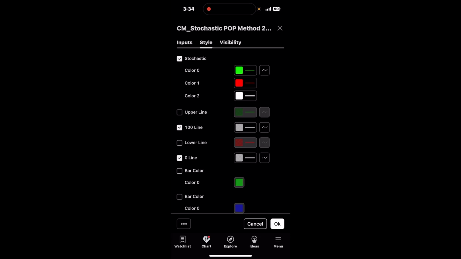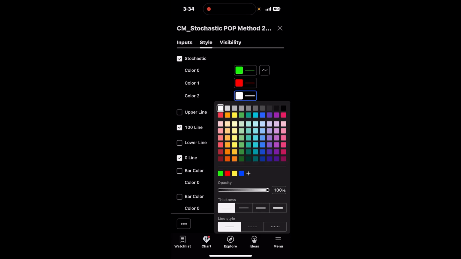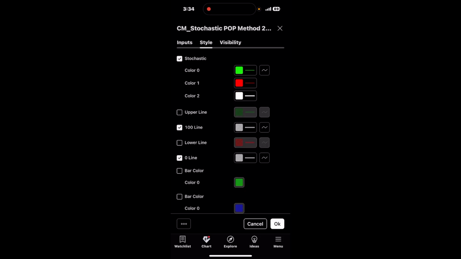And the neutral is a very important color. So I just have it being a neutral color to what green and red is. So I have white here. It's the same thing. You make it less thick, but make it a color that stands out. Now, you can choose white, you can choose yellow. It's just something that stands out.